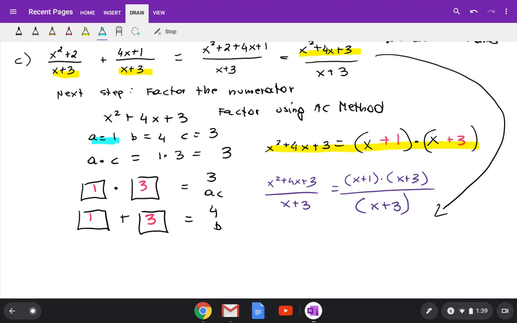The numerator and denominator have the same factor, which is x plus 3. That means you can cross it out. They cancel. So our final solution, after reducing this fraction, we only end up with x plus 1, technically over 1, because there are no more factors in the denominator, which is the same as x plus 1. So this is our final answer.